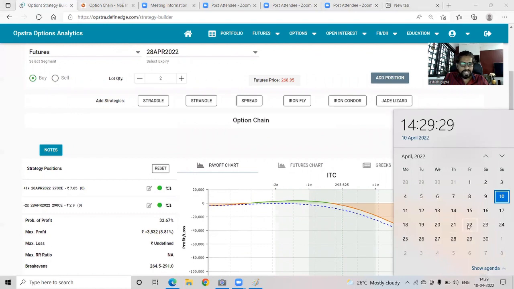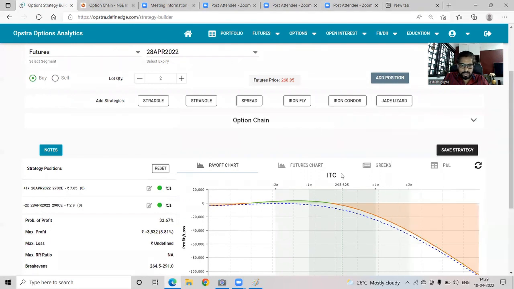And if on the 22nd it is trading around 275 to 280 kind of a level, then it won't be a bad idea to just buy a 310 call option and hold it till maybe Wednesday or something. But definitely get out of it before Wednesday. Although this is ITC, it should not happen that liquidity all of a sudden dries up, so you should be able to exit before Wednesday for sure.